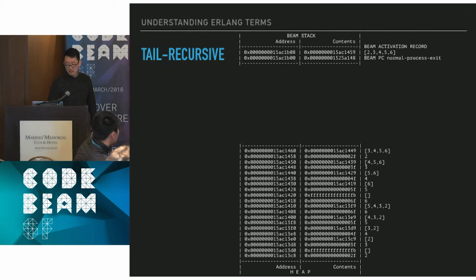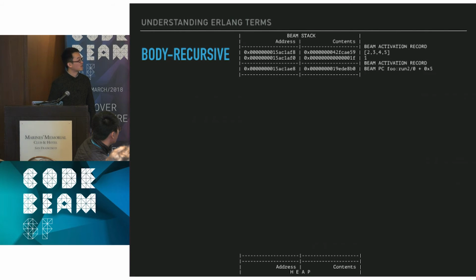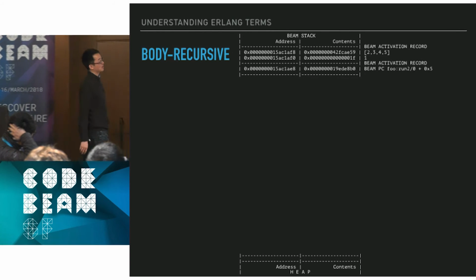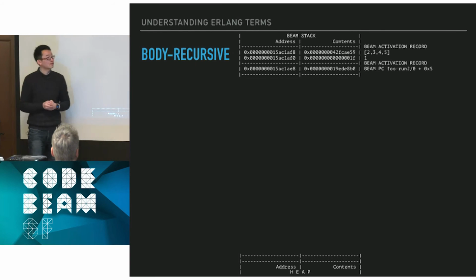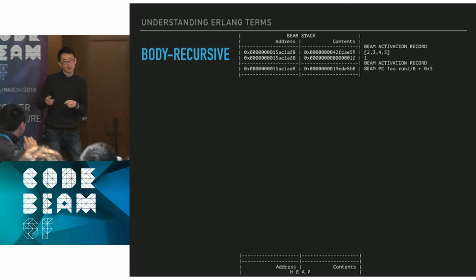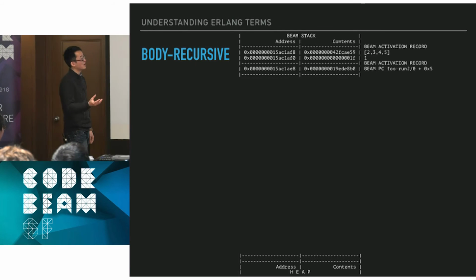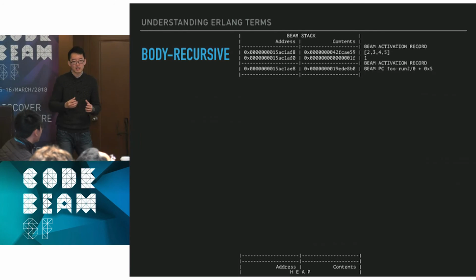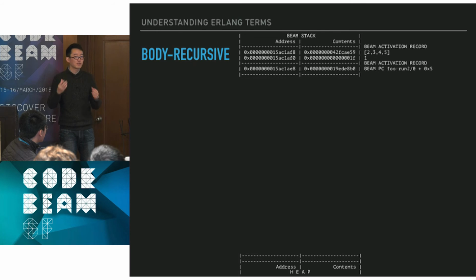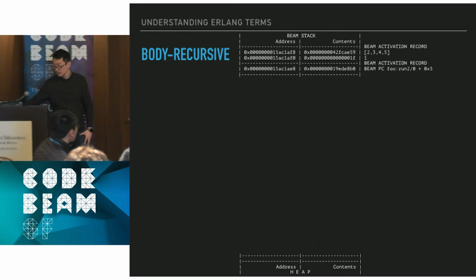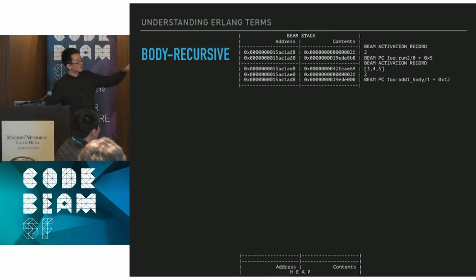Okay, now let's see the body-recursive function. In the body-recursive function, there's no accumulator. So when I get my first element 1, I'm adding 1, which is 2. Because I'm entering another function without returning first, I need to put that 2 onto the stack.